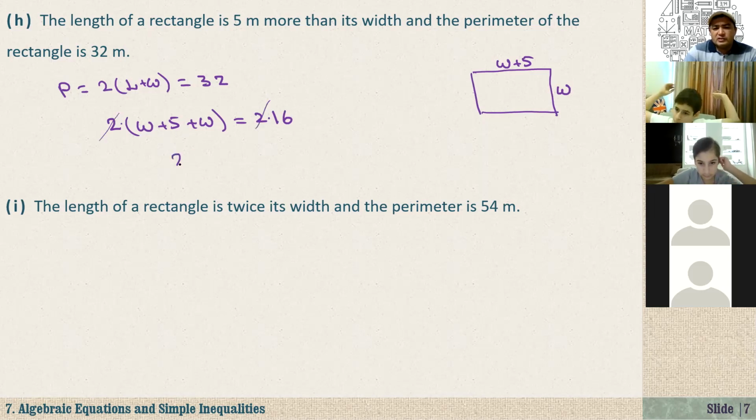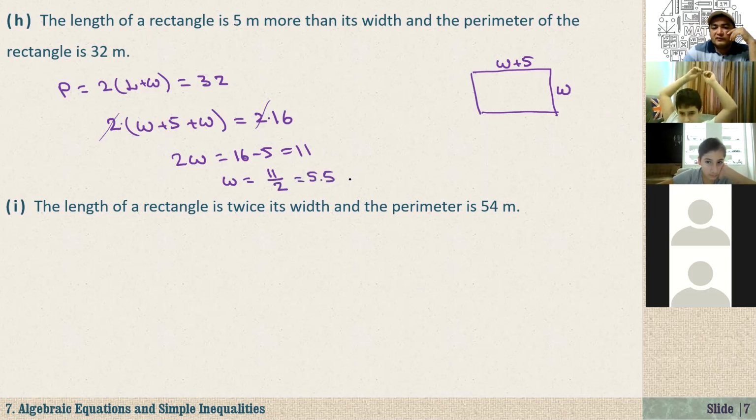W plus W is 2W. Take 5 to the right-hand side: 16 minus 5 is equal to 11. So if 2 times W is 11, what is W? W equals 11 over 2, which is equal to 5.5. If W is 5.5, then the length of this rectangle is W plus 5, that's equal to 10.5 meters.